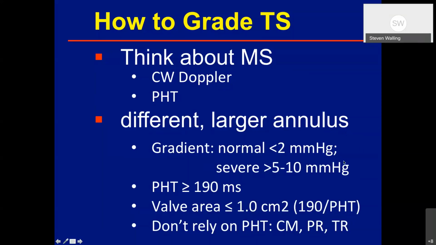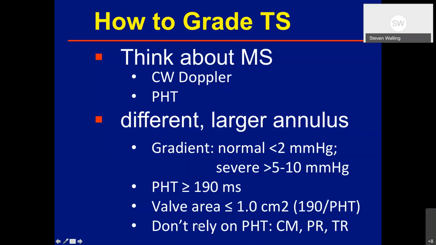When we use 5 and 10 in the mitral valve, here we use 2 and 5, so anything above 5 is considered severe. Also for the pressure half time, instead of 220, we use 190 as the formula to calculate the valve area: 190 divided by pressure half time.